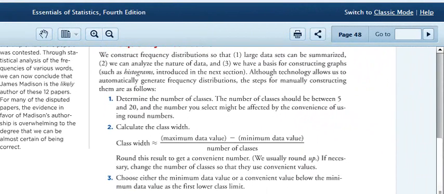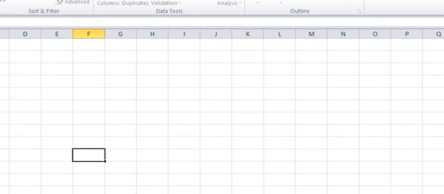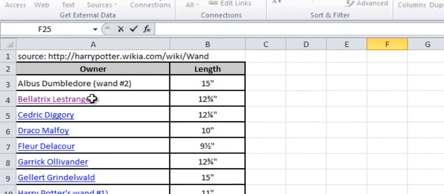First thing you want to do is determine the number of classes, and it can be anywhere between 5 and 20, and you can change the number of classes once you look at your data to get convenient values. Here I have some data, and these are the wand lengths for different wands in Harry Potter.